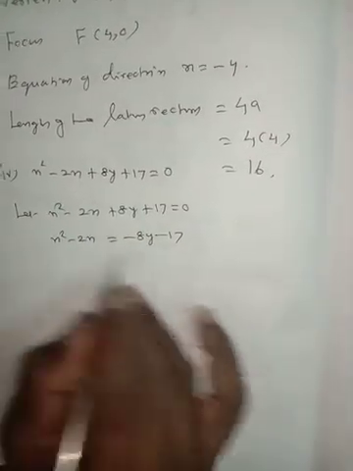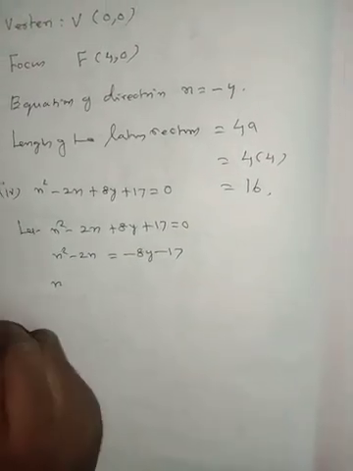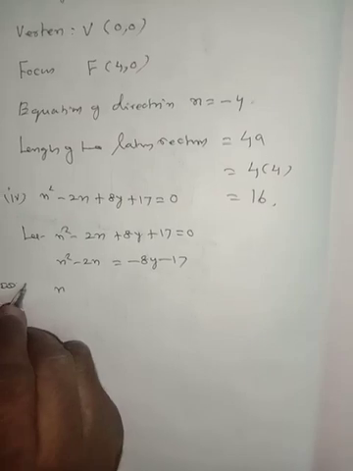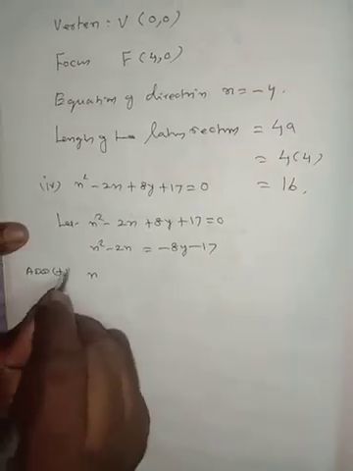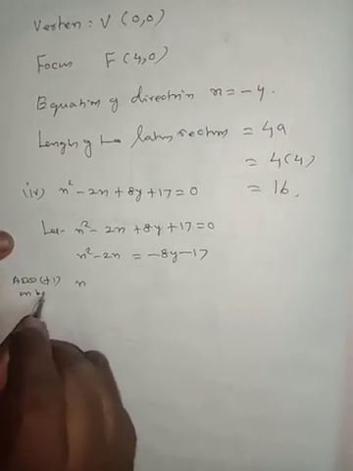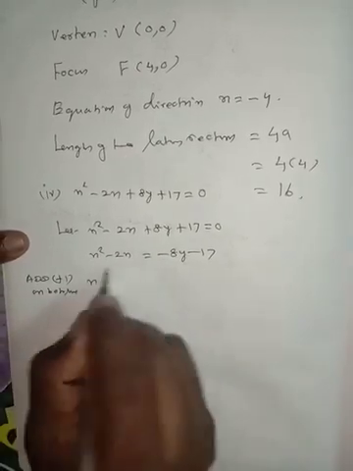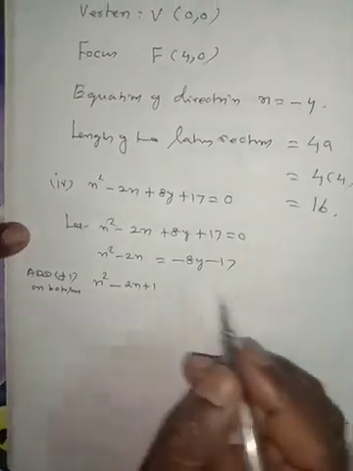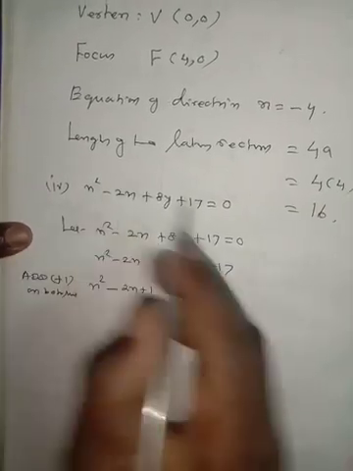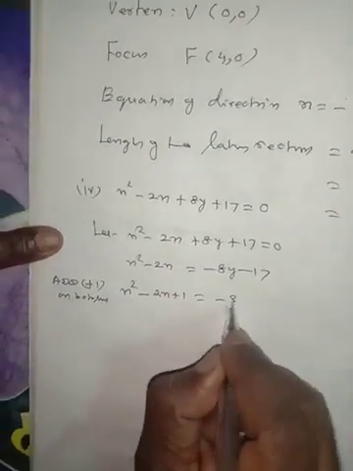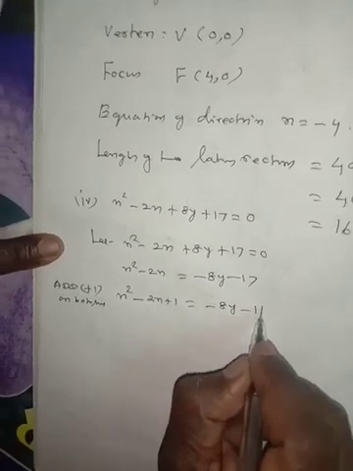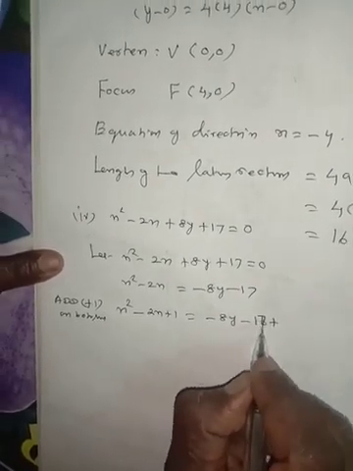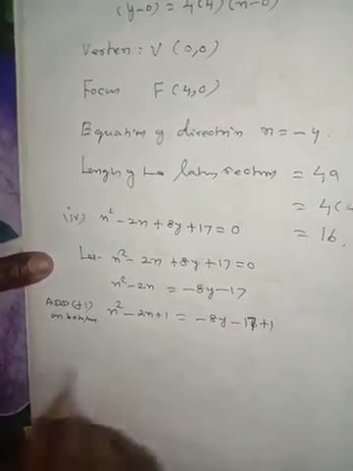Adding 1 on both sides, we have x square minus 2x plus 1 is equal to minus 8y minus 17 plus 1.